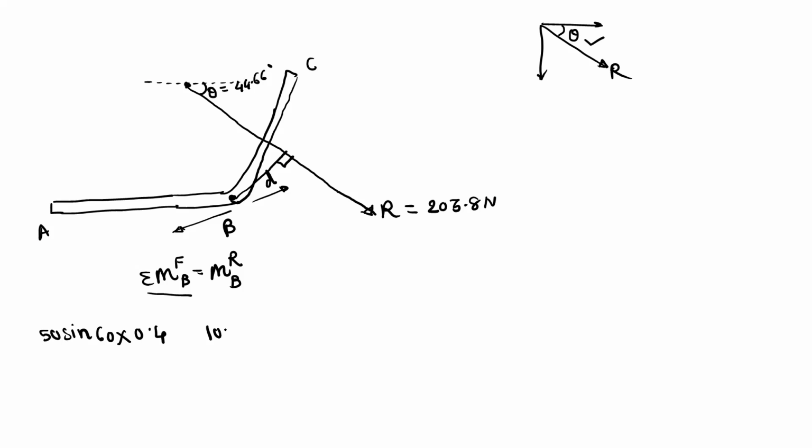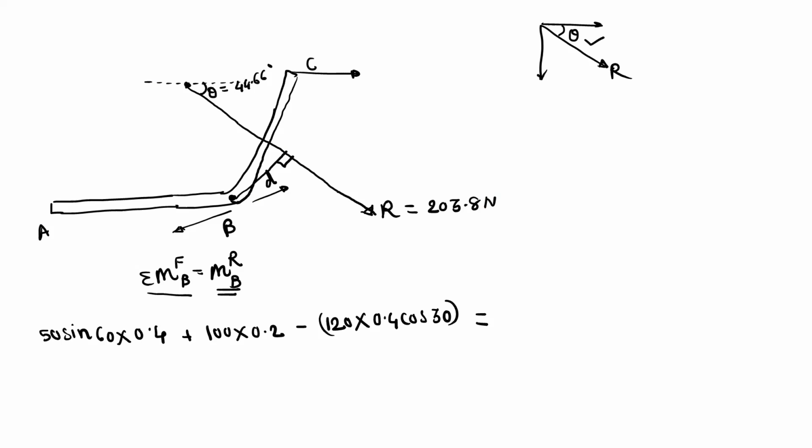Second is 100 into 0.2, again this moment is positive. Next is 120 into 0.4 cos 30. This moment is negative because the force is acting here and this will create the clockwise effect. It is equal to the moment by the resultant about the point B.